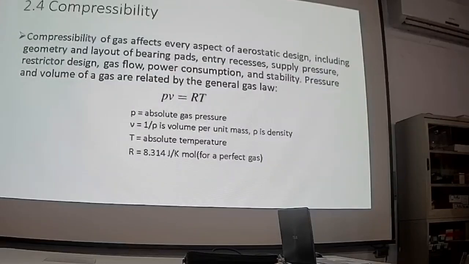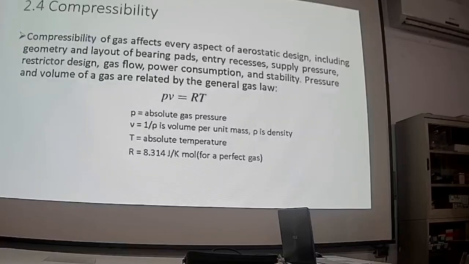So this is the compressibility of the gas. This is the formula for the gas, the general gas law, the ideal gas equation. So for the air bearing, you can use this formula as well.